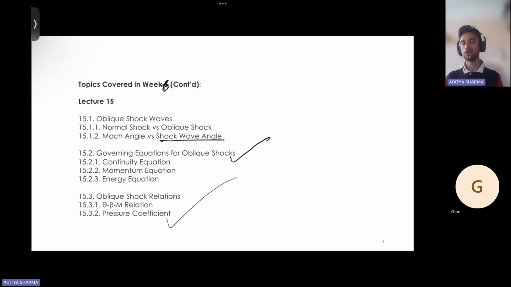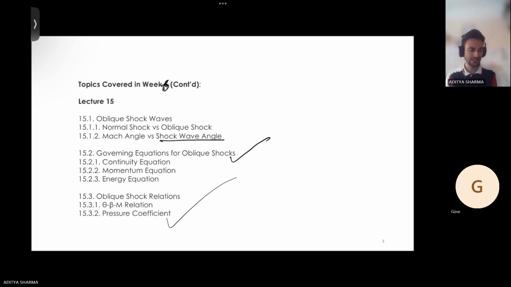I have a total of 16 questions I could figure out from the content. 13 are theoretical, and three are numerical type questions. In these numericals, I have covered the expansion wave relation, the Prandtl-Meyer function, and the Mach wave across an oblique shock, which we shall discuss in one numerical.